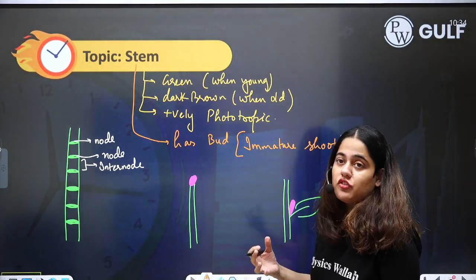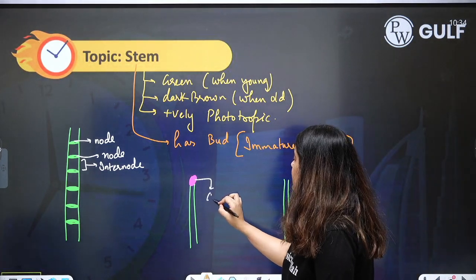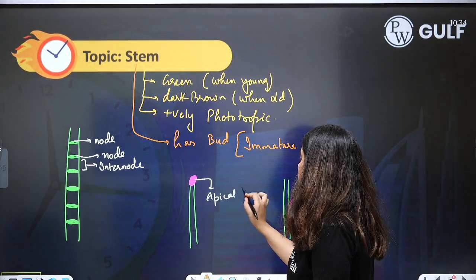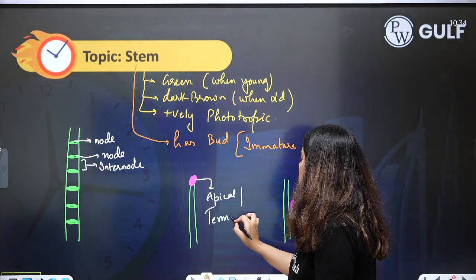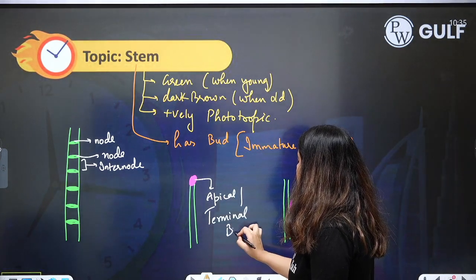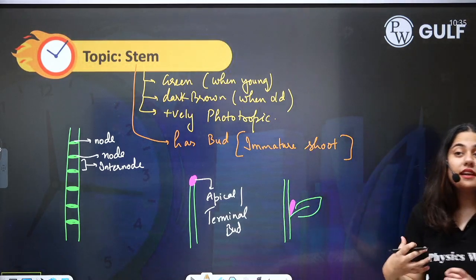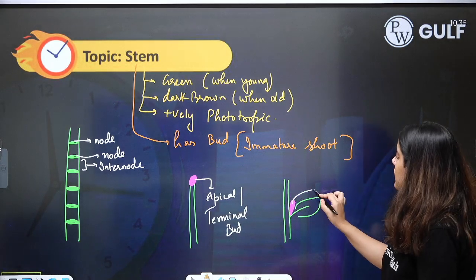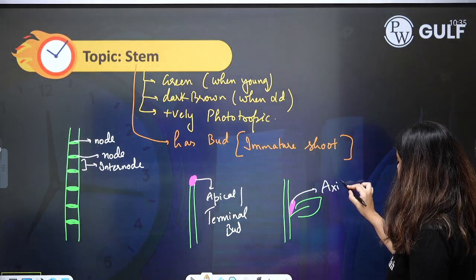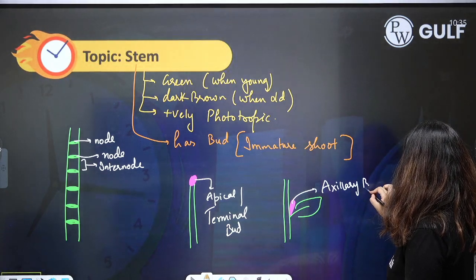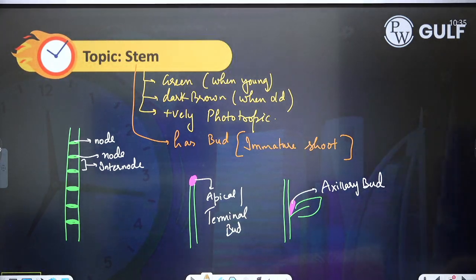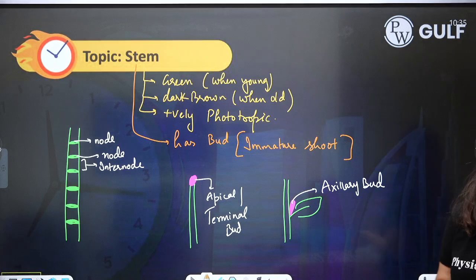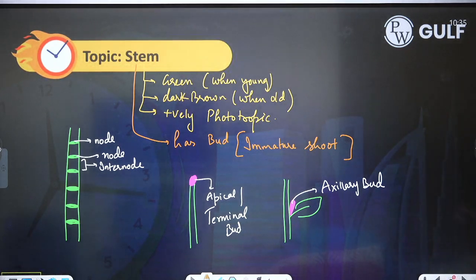The bud present at the tip is known as apical or terminal bud, and the bud present between leaf and stem is known as axillary bud. These buds can sprout and give rise to new structures. There are two types of bud, apical and axillary.